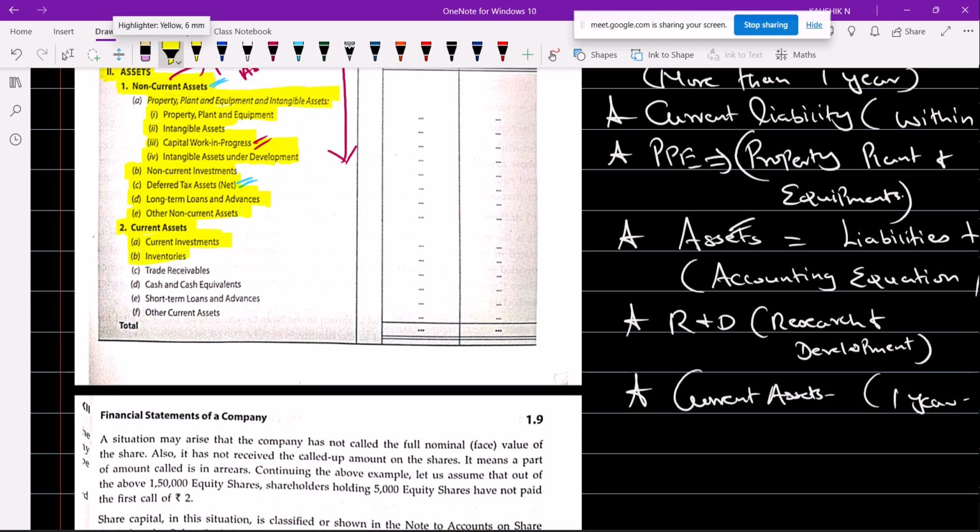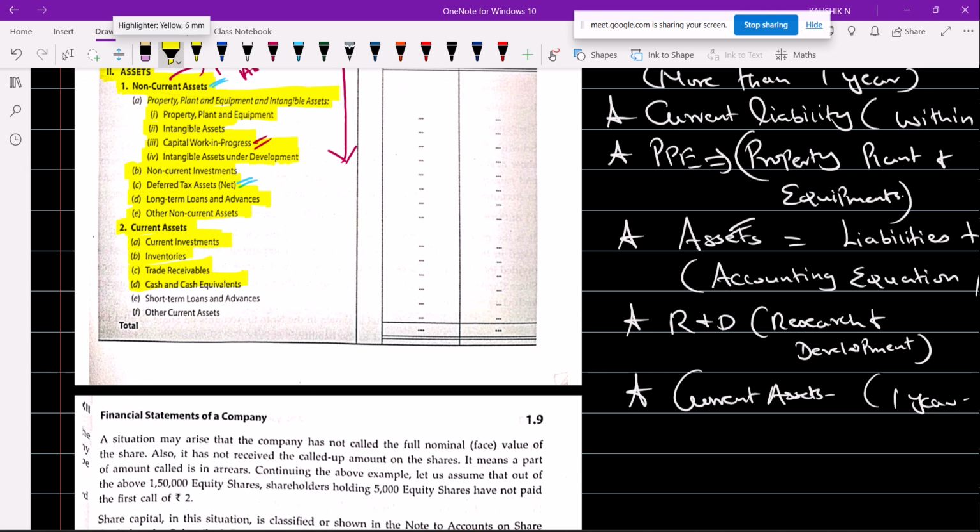Inventories. Inventories are nothing but, as I said, your stock. The closing stock is an inventory. The next is your trade receivables. Trade receivables are nothing but your debtors. The next is something called cash and cash equivalent.